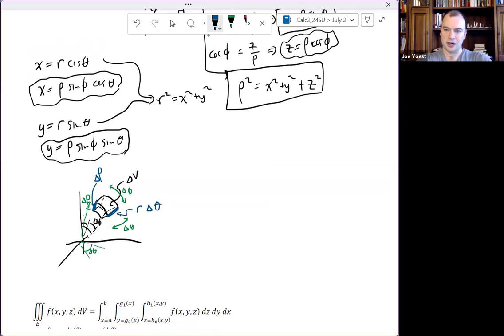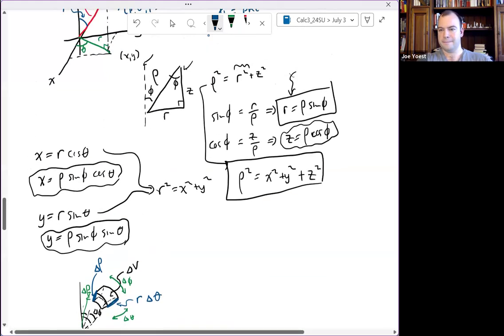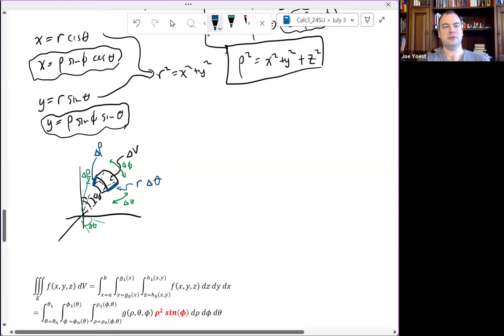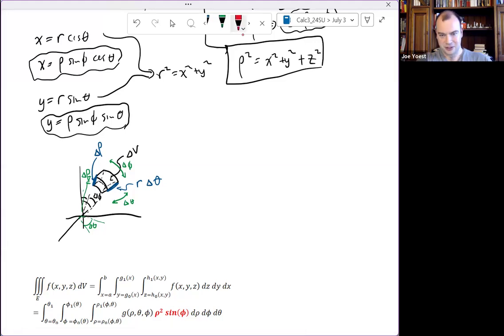And here I'm using r that's this r, so not rho, but r, the polar r. And I'll do this in a different color just so that it makes it a little easier to see. What about this side length here? I've got a lot of arrows and things, so hopefully the colors make it clear what's pointing to what.